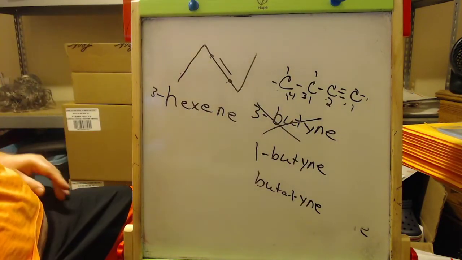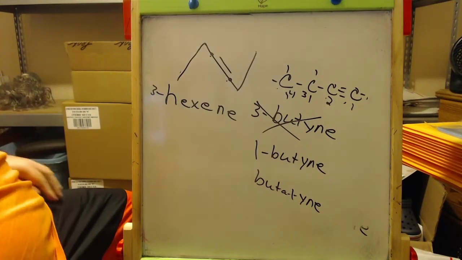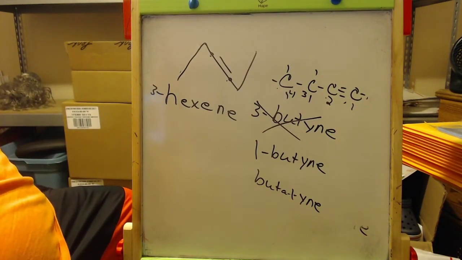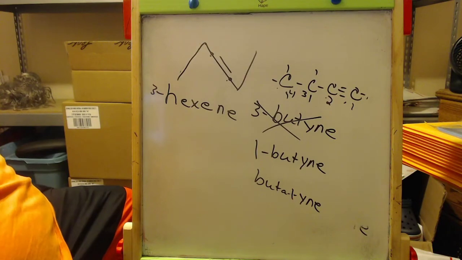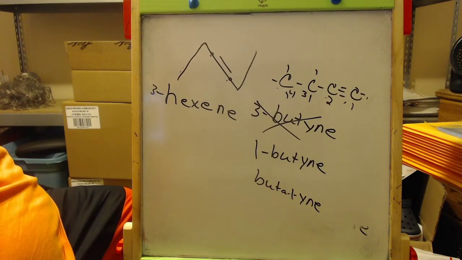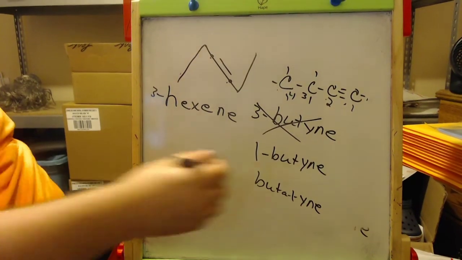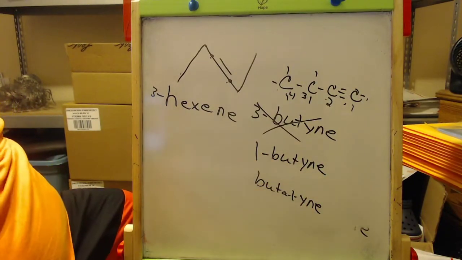Both are accepted by IUPAC. The International Union of Pure and Applied Chemistry came up with this naming system. So that's buta-1-yne or 1-butyne. I learned this way. This is the relatively new way.